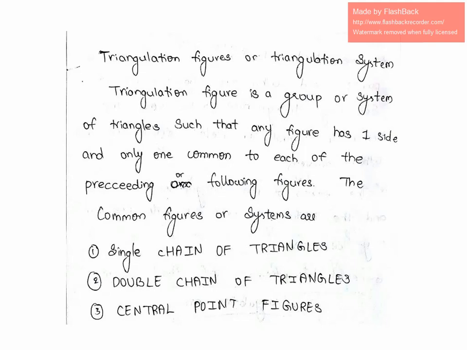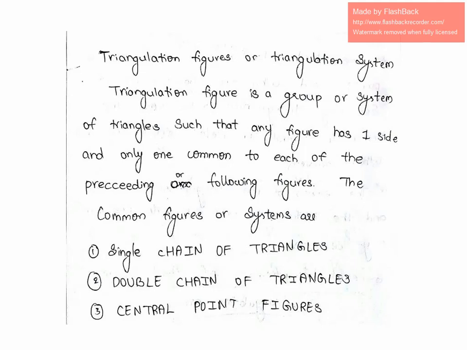In geodetic surveying, we divide a large area into a number of triangles and determine the points of those triangles very accurately and precisely, and for this we apply geodetic surveying. So geodetic surveying gives us accurate readings or accurate points of the area.